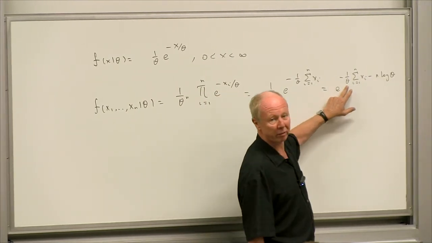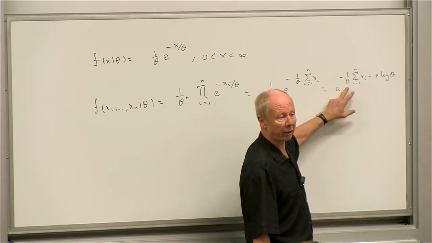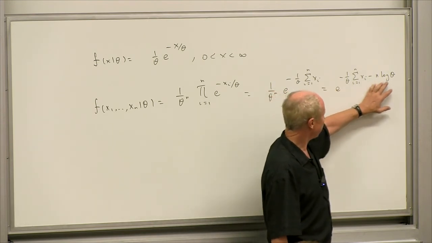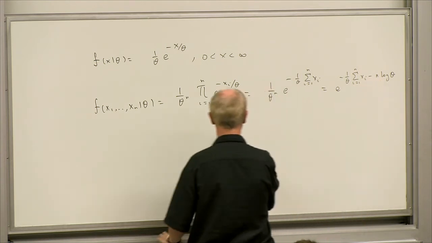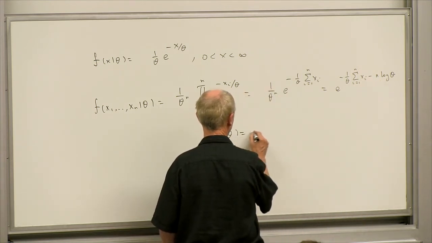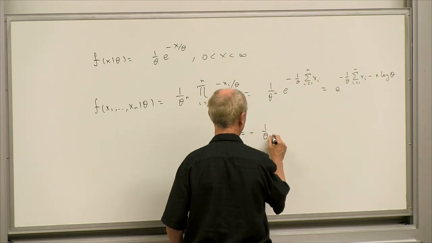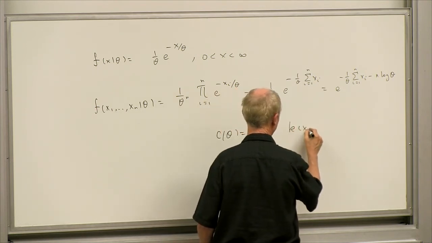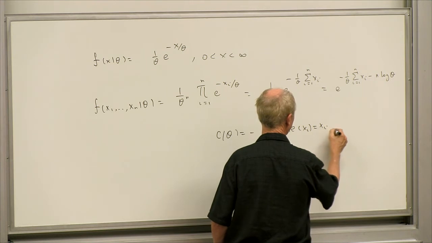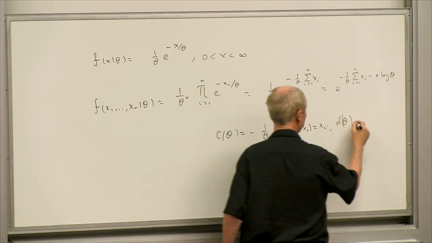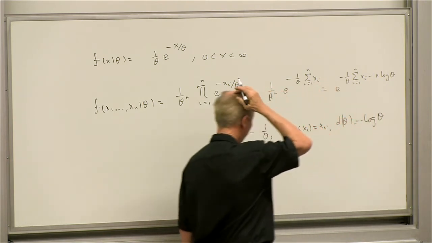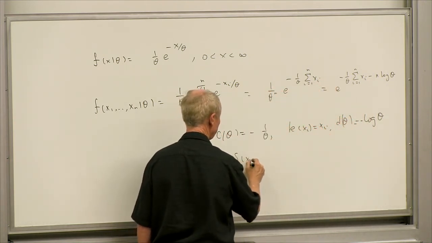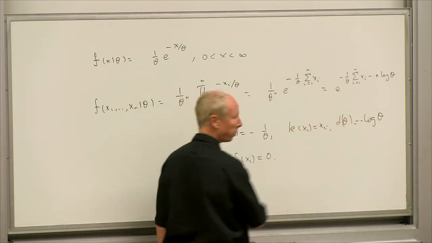This is c of theta. C of theta is minus 1 over theta. And d of theta then is minus log theta. K of xi is xi. And then what's capital S? S of xi is 0.